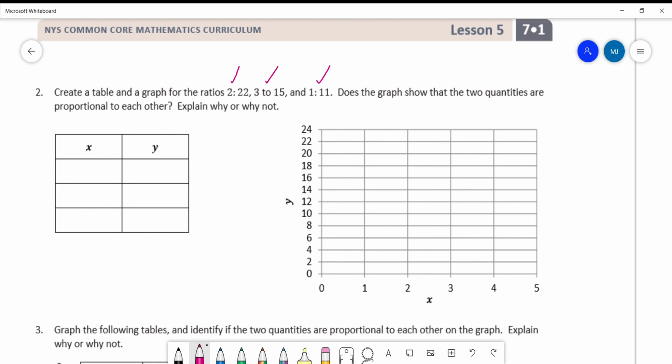So what do you think is going to happen? Let's go ahead and put our quantities in here, and I'm going to put them in from the least to the greatest based on x. So 1 and 11, 2 and 22, and then 3 and 15. So I know if I was to do y divided by x, I'm not going to get the same result every time. But let's do it by looking at a graph.